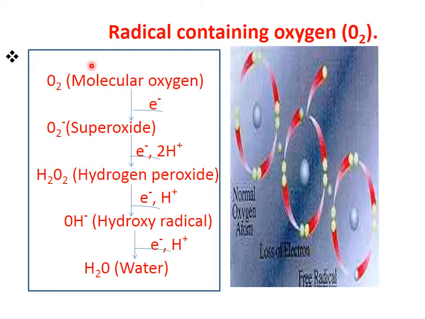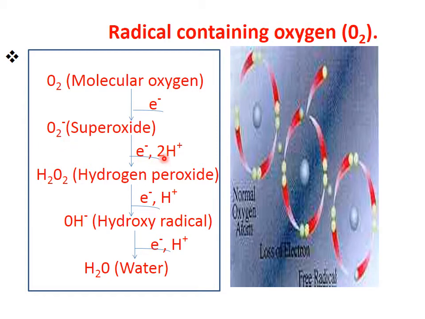Now we see an example, that this molecular oxygen, which is very essential for us, when it takes an electron, maybe this electron came from the environment or from the mitochondrial electron transport system or anywhere, then it gets converted into superoxide ion.